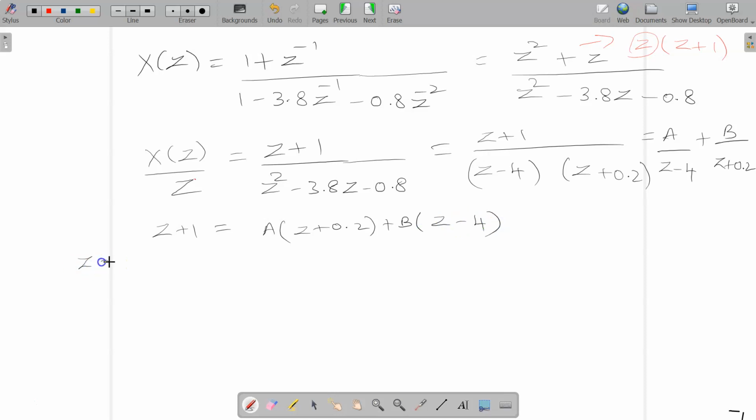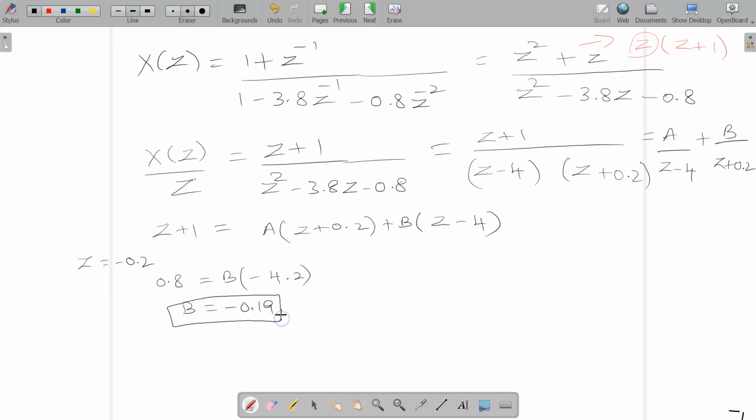Substitute z equal to minus 0.2. Then the a term gets cancelled, and you get 0.8 equal to b into (minus 0.2 minus 4), which is minus 4.2. So 0.8 divided by 4.2 is 0.19, and the b value is minus 0.19.